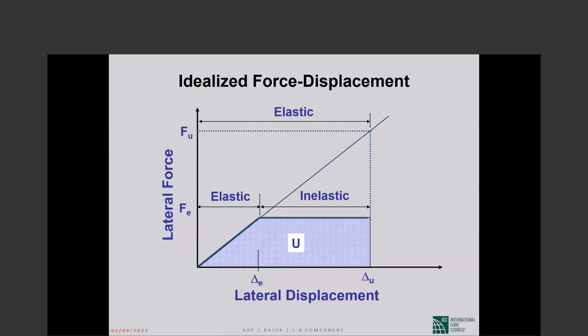This figure you have seen at least twice. I bring it up a third time to make a couple of the points that I made yesterday, which is that seismic design is a two-part affair. The first part is design for strength.